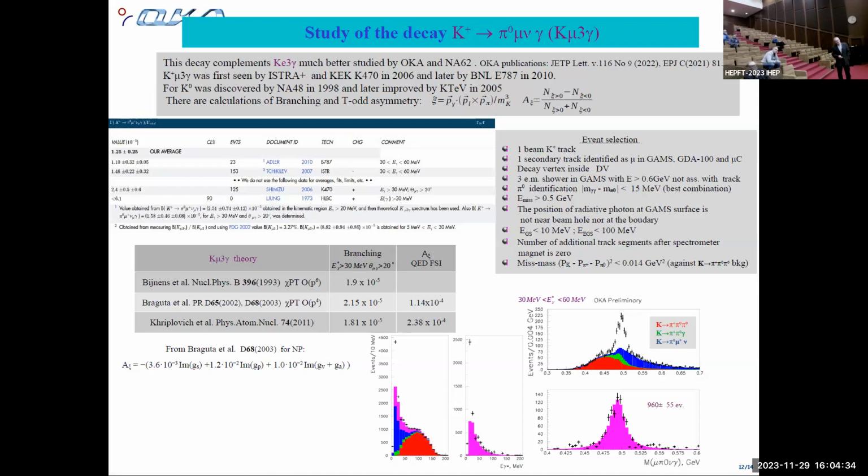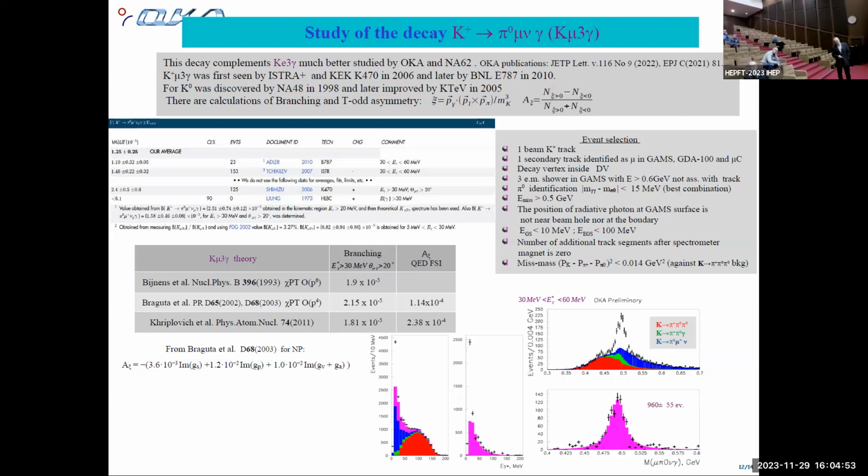And here are backgrounds. The blue is K-3 background. Green is radiative K pi 2, and red is K pi plus pi 0 background.